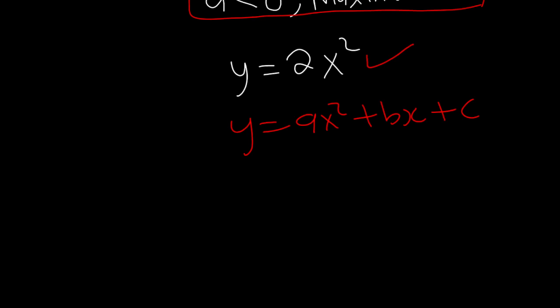From this we can identify what a is, what b is, and what c is. So a is 2, b is 0, c is 0. That is what we can learn from the graph above.